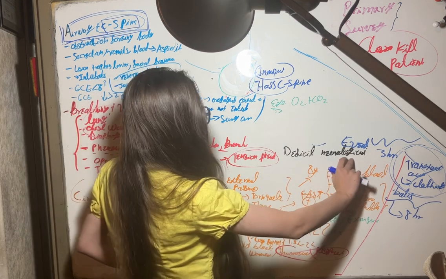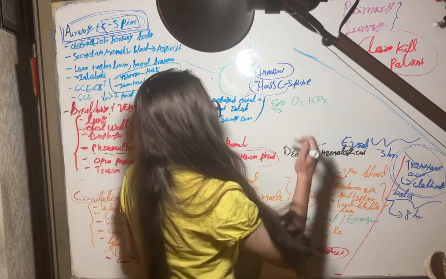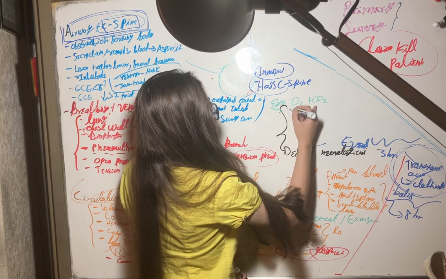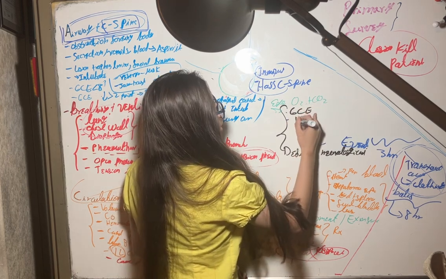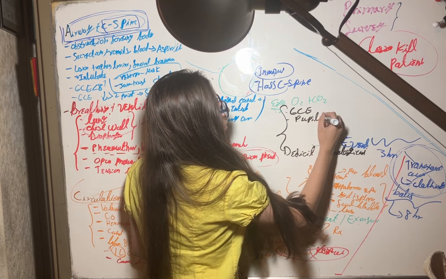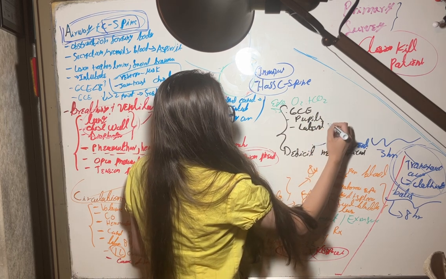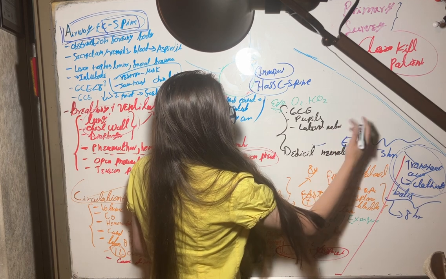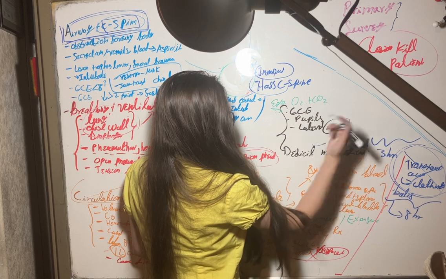Now the neurological deficit. Here we evaluate the Glasgow Coma Scale. We evaluate the pupils. We evaluate for signs of lateralization, which could be like evaluating the motor aspect of the patient.